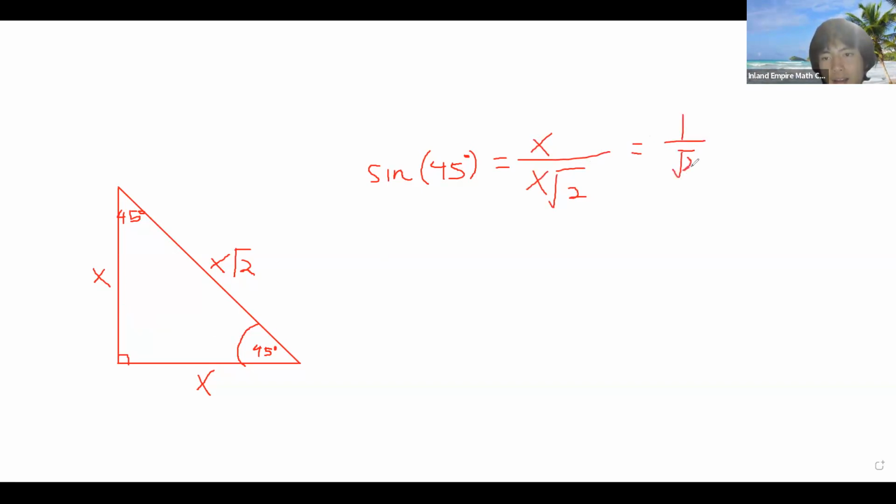That's sine. Okay, Joyce, let's try this one. What is cosine of 45 degrees? Again, cosine is adjacent over hypotenuse. So Joyce, what's the cosine of 45 degrees?